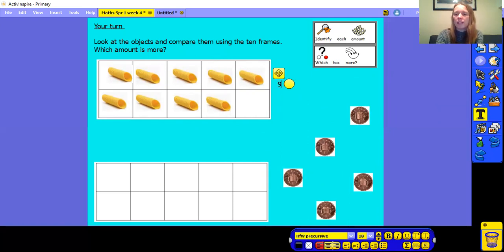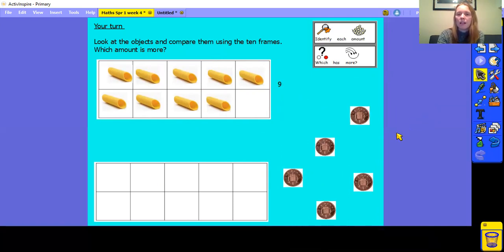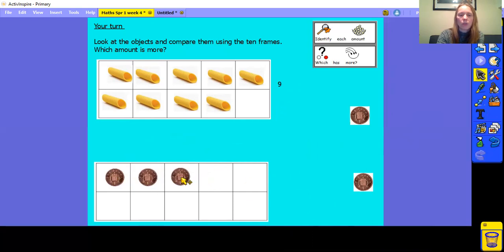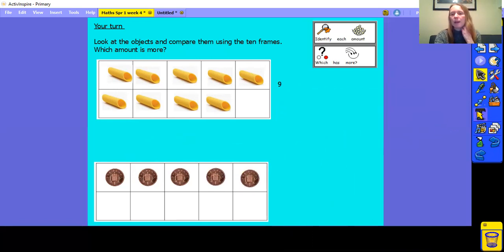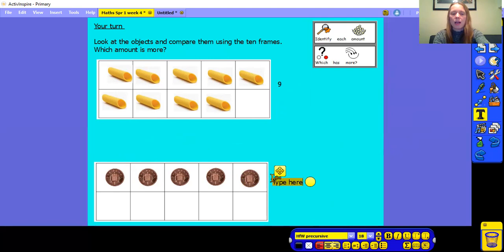Let's write number 9 to help us to remember. This time, let's put the pennies onto the bottom 10 frame. 1, 2, 3, 4, 5. 5 pennies. Let's write number 5 to help us to remember.